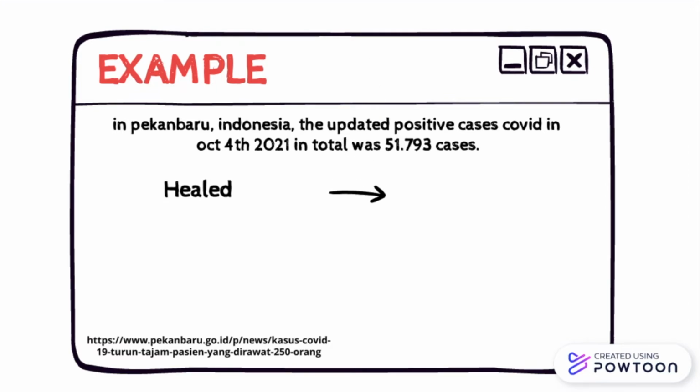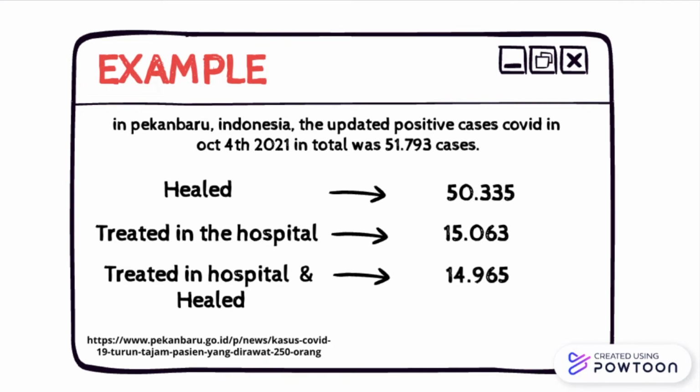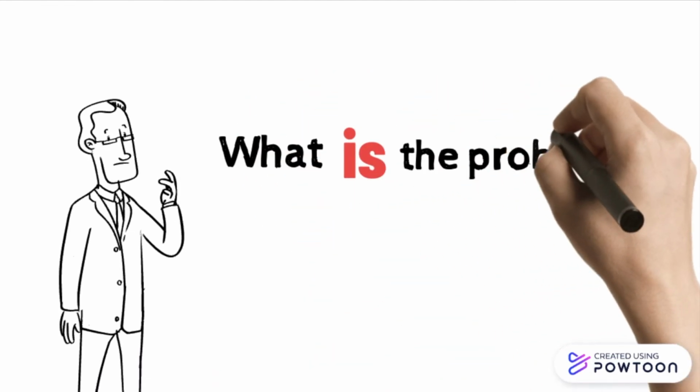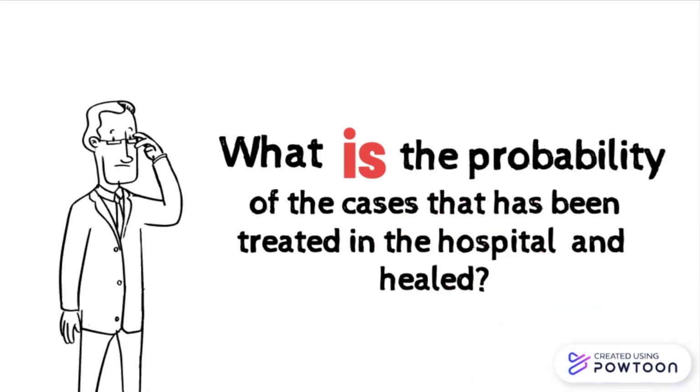The cases that have been healed were 50,335, and those that have been treated in the hospital were 15,093, and those that have been treated in the hospital and healed were 14,965 cases. The question is, what is the probability of the cases that have been treated in the hospital or healed?